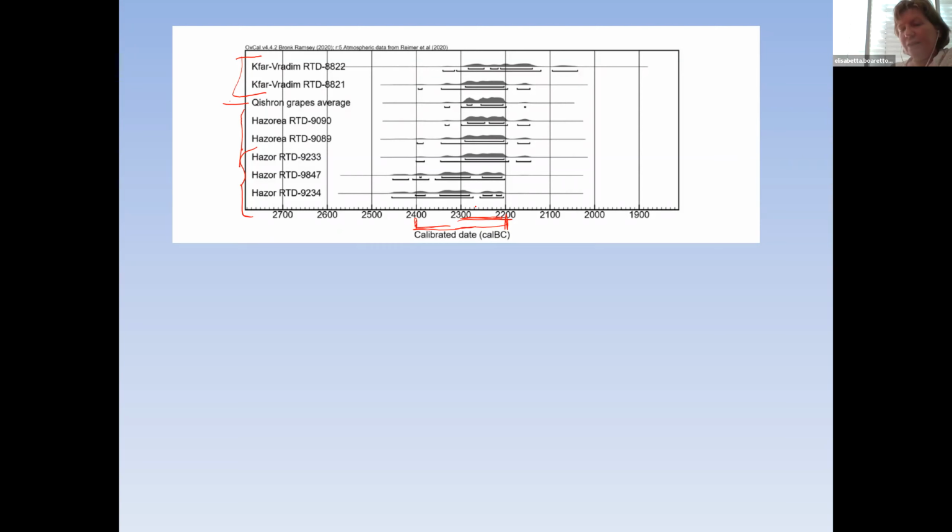So already, without any modeling, any Bayesian, just face value of the dates, we can say that the black wheel-made ware probably appeared in the southern Levant certainly in the 23rd century, and possibly it started sometime maybe in the 24th century, could be.